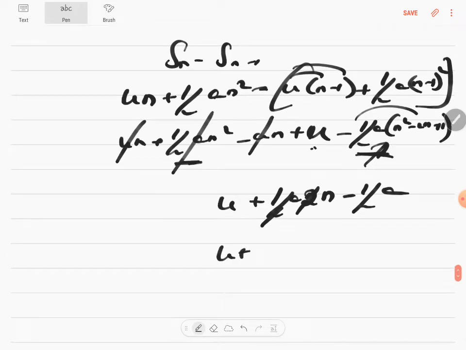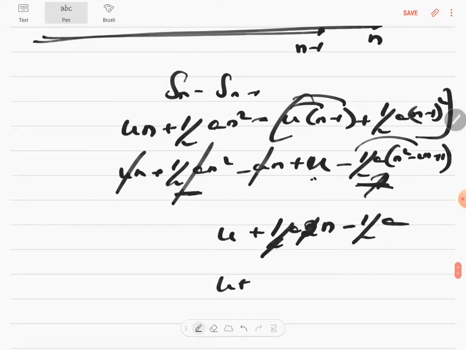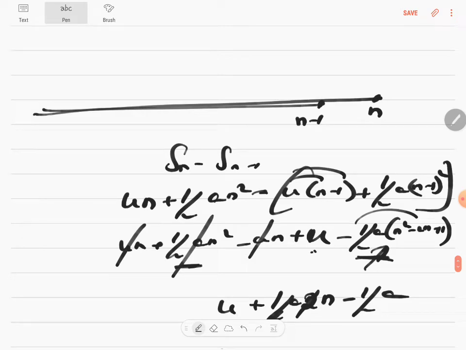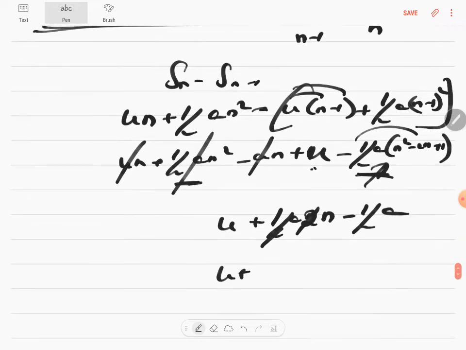So u plus, this 2 and 2 got cancelled. Half a n minus 1 the whole square, n square minus 2n plus 1. You are supposed to get u plus a by 2 into 2n minus 1, right?